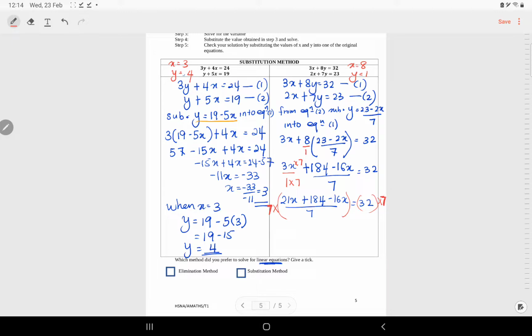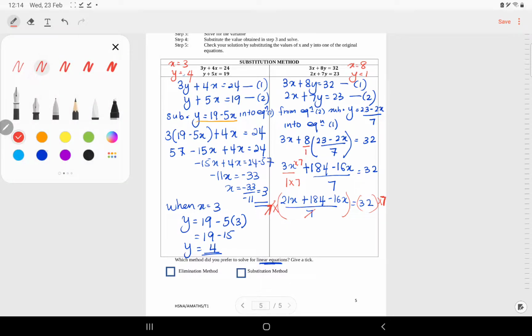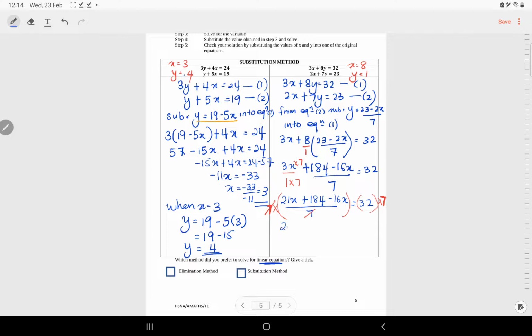Okay, by doing so my 7 cancels out, so that will leave me with 21x plus 184 minus 16x equals 32 times 7, that should give me 224.